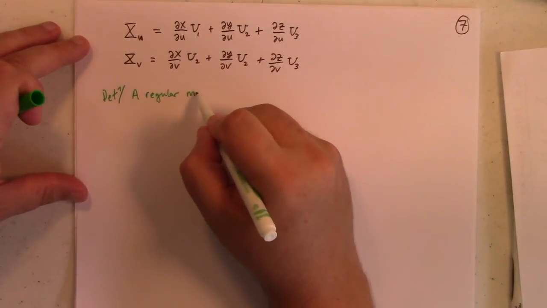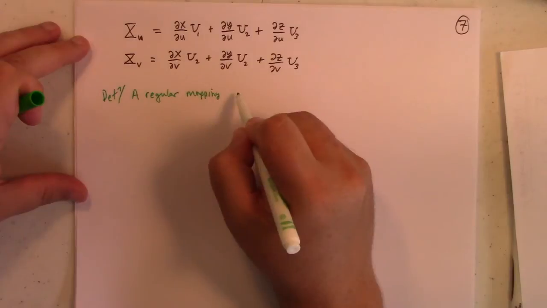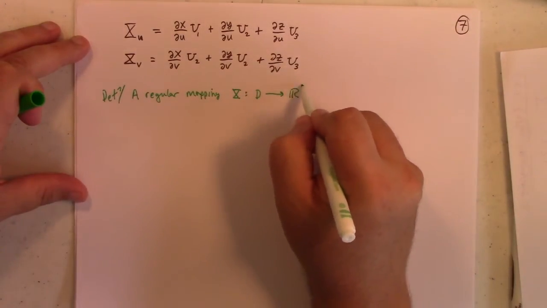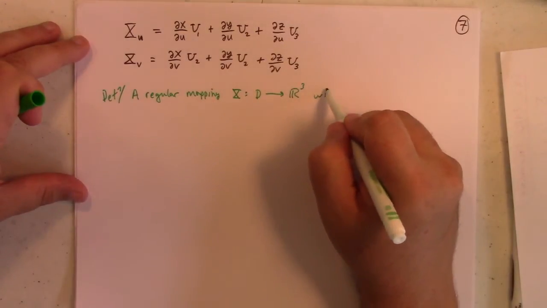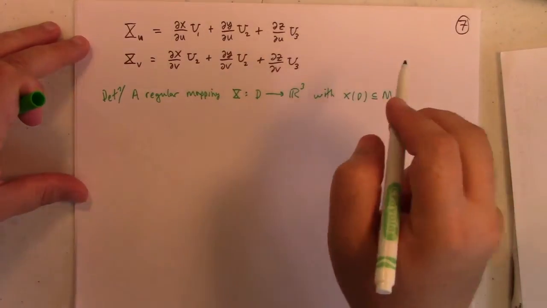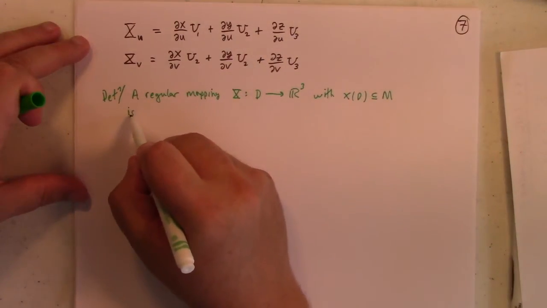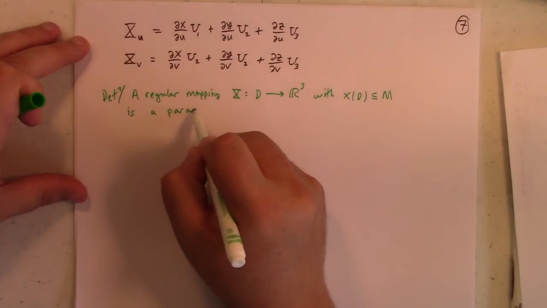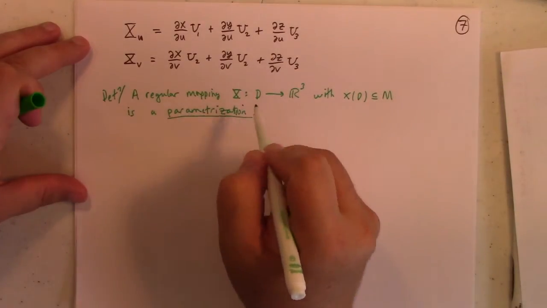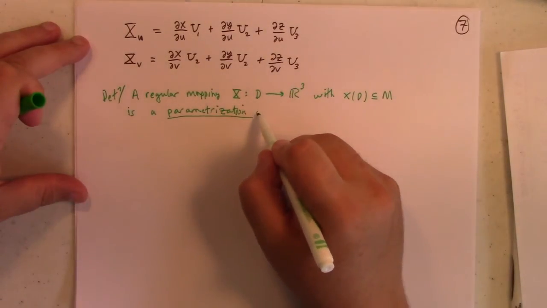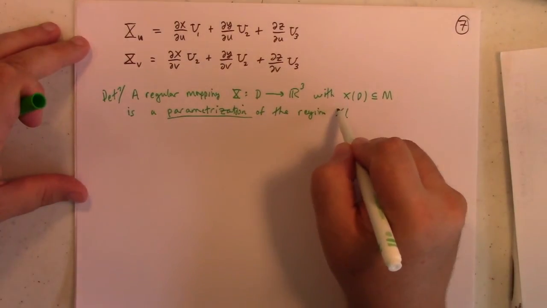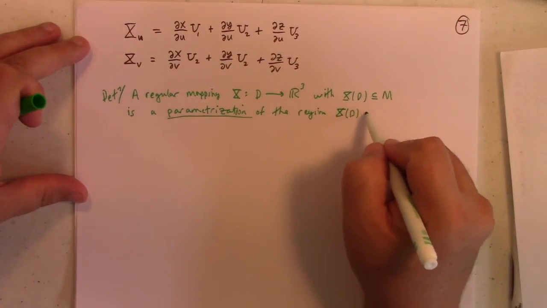A regular mapping x from D to R3, with x of D, a subset of M, is a parameterization of the region x of D in M.